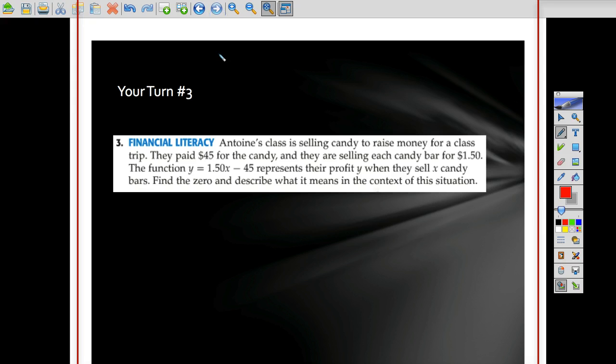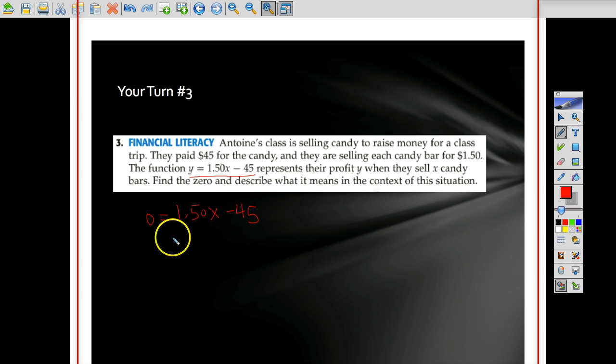All right, here's your turn number 3, financial literacy. So go ahead and do number 3. See if you can make up a graph. And then you're going to find out when the 0 is. So you're going to solve for 0 and find out what x is.